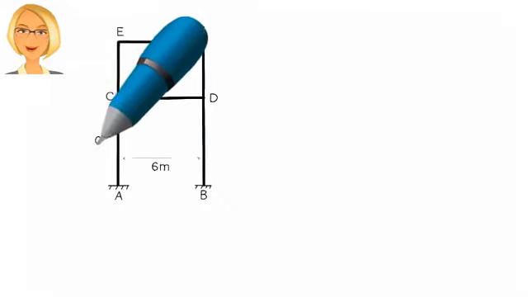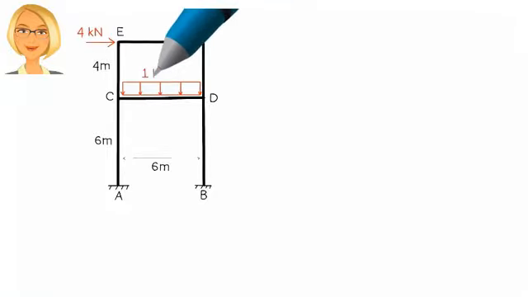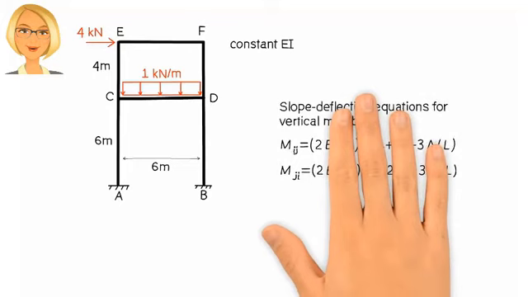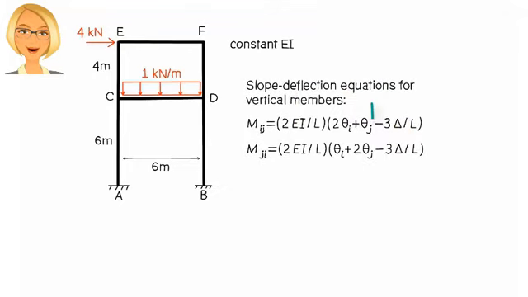Here is our 2-story frame. For the sake of simplicity, we assume a constant EI for the entire structure. Since the frame has a side sway, the slope deflection equations for the vertical frame members embody the non-zero deflection term.